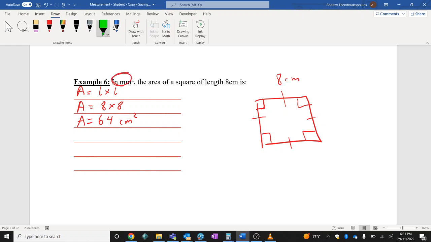But we want to know what the area is in millimeters squared. Now that's just an unnecessary curveball, but let's just do it anyway. So we want to convert centimeters squared to millimeters squared.